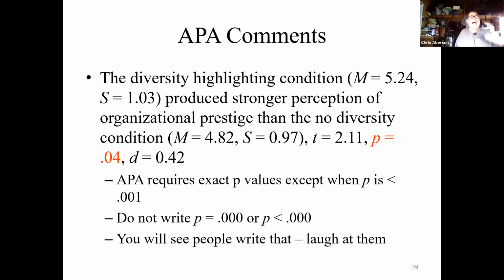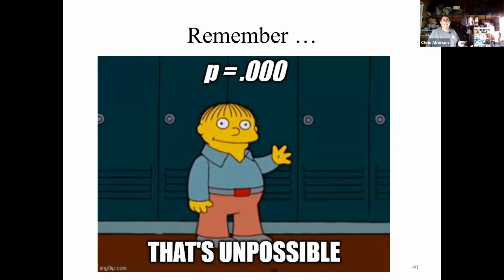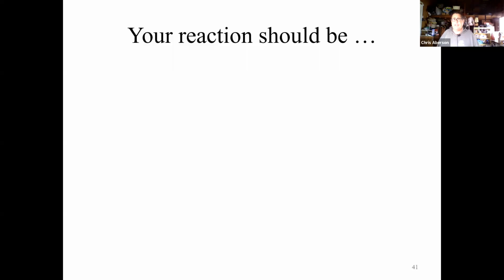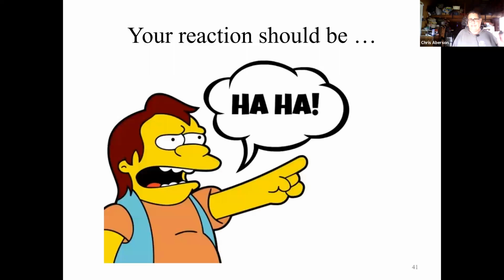You will see it in articles. I see manuscript submissions where people have done that. You're now in the spot where you are that person who can laugh at them and shake your head and know that that's problematic. Just to review, p equals 0.001. That's impossible. And what should your reaction be? You should laugh at them.